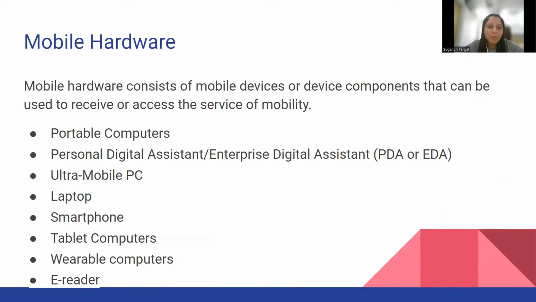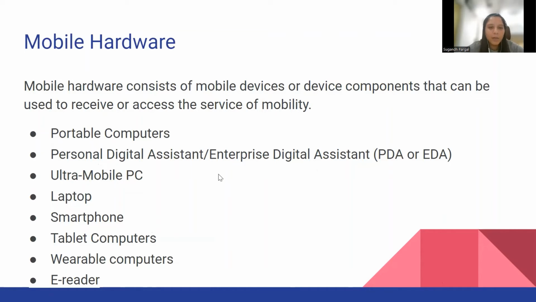Next, we come to the mobile hardware. Mobile hardware consists of the mobile devices or the device components that can be used to receive or access the service of mobility. Some of the mobile hardware can be listed here and are described here.